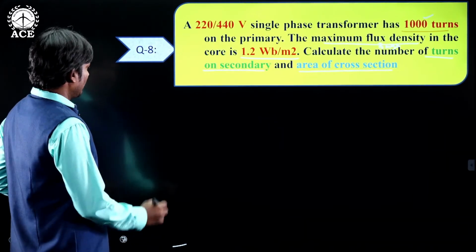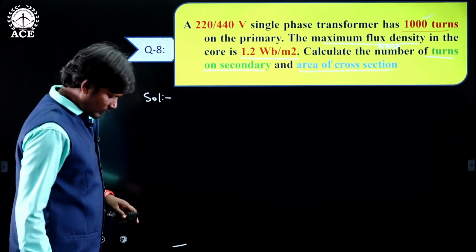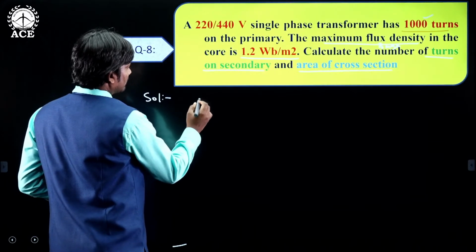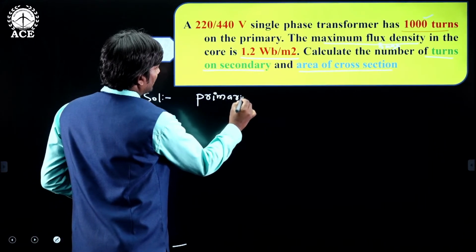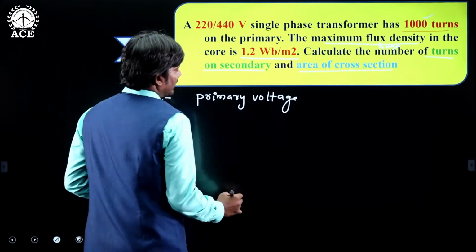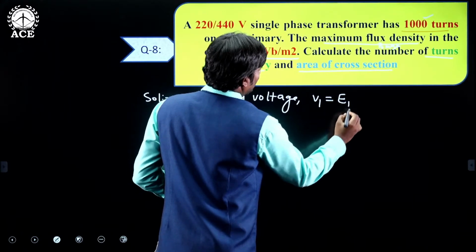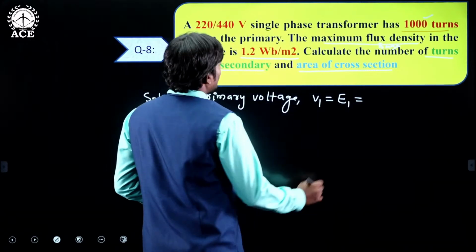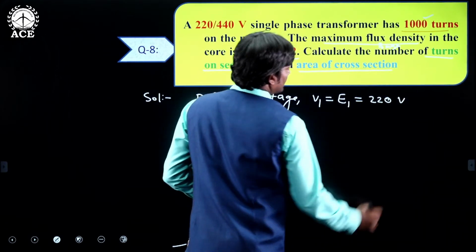So now note down the given data. Here, solution: the primary voltage V1, or we can say E1, we are considering the lossless transformer, so this is 220 volts.